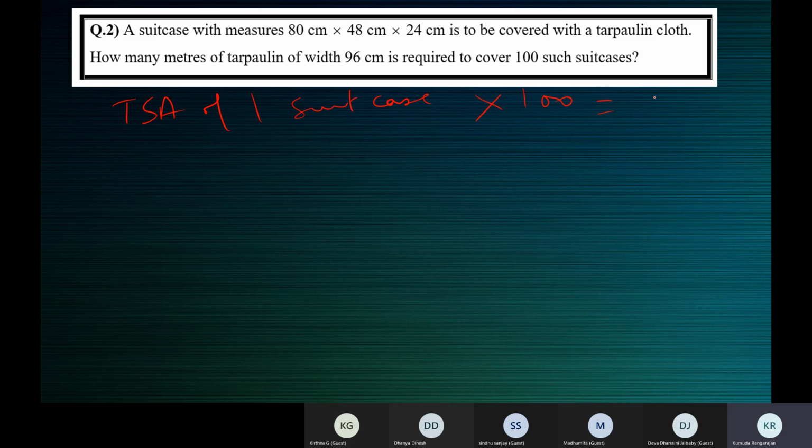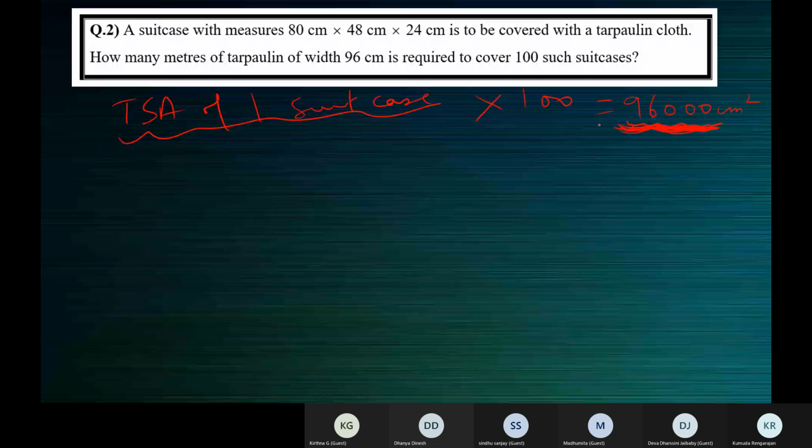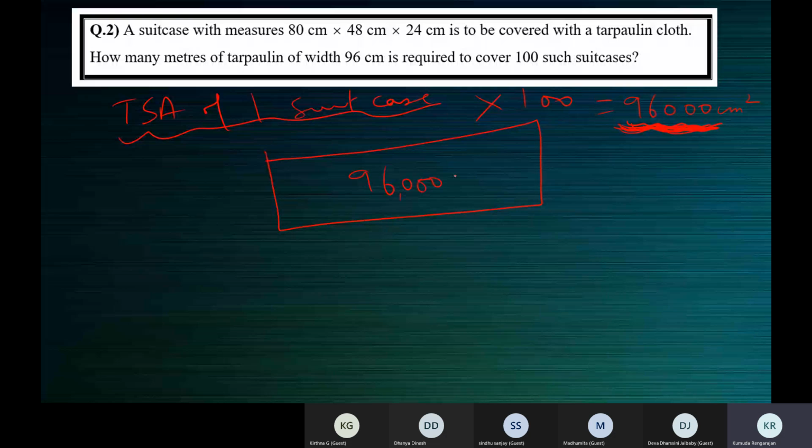Okay, so supposing the answer is 96,000 centimeters square. That is, you find the TSA of one suitcase multiplied by 100. That will give you the TSA of 100 suitcases. So this is the surface area of 100 suitcases, and to cover this area with tarpaulin cloth, you should buy tarpaulin cloth which has an area of 96,000.